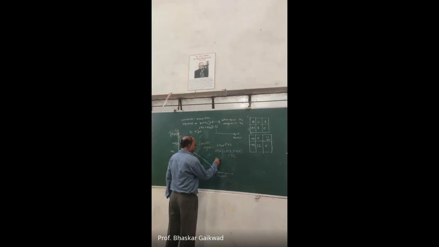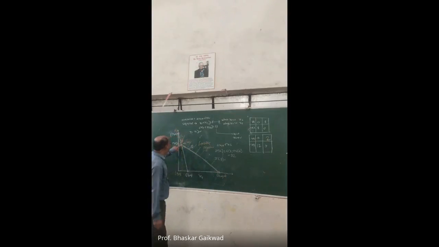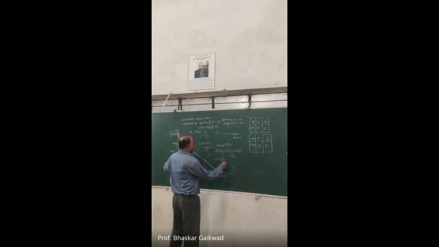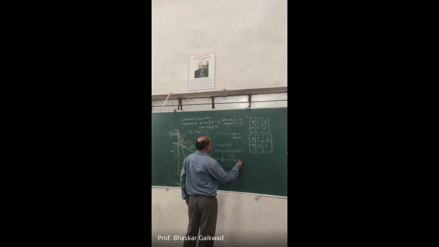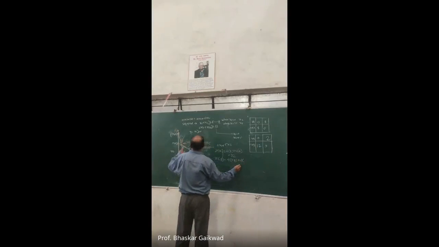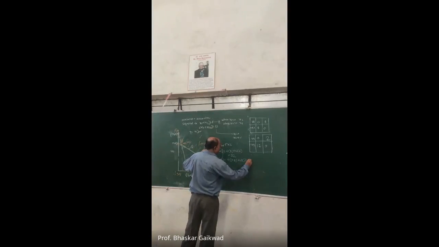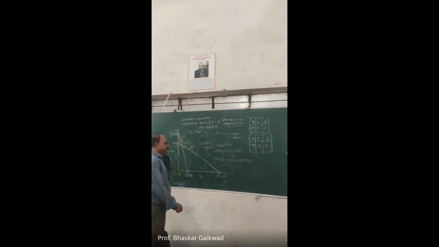Then ZB, this point. So here 4, what is x1? 0.8, plus 6 times 7.2. Calculate this. How much is ZB? 46.4.